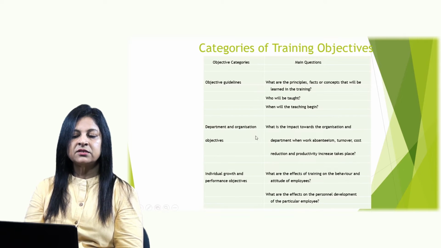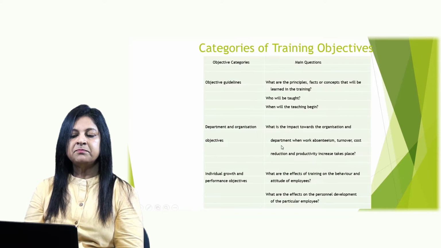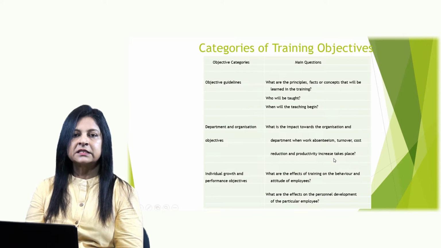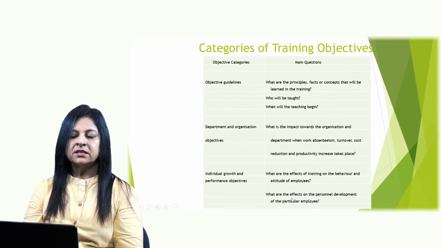Department and organization: what is the impact towards the organization and department when work absenteeism, turnover, cost reduction, and productivity increase takes place? Individual growth and performance objectives: what are the effects of training on the behavior and attitudes of employees? What are the effects on the personal development of the particular employee?